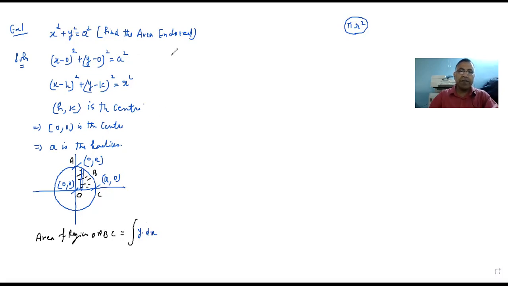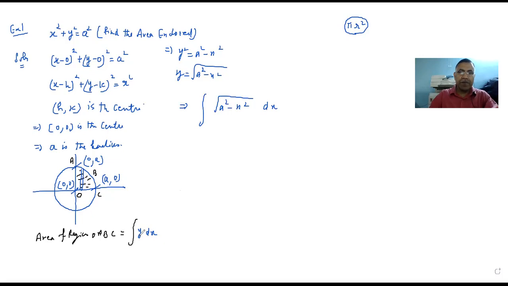So if I get the value of y from here, y square is equal to a square minus x square, and y is equal to the square root of a square minus x square. So which implies my question will be y, which is the square root of a square minus x square, times dx. Now we have to see the limit.